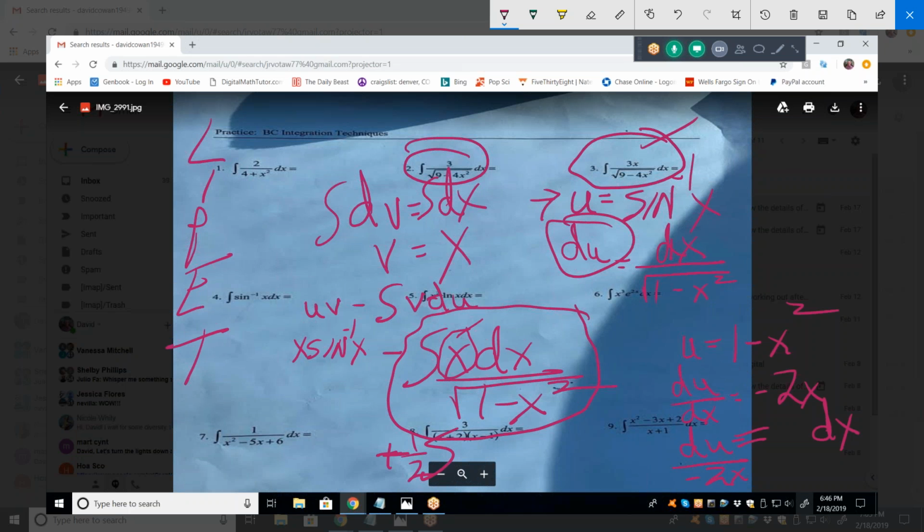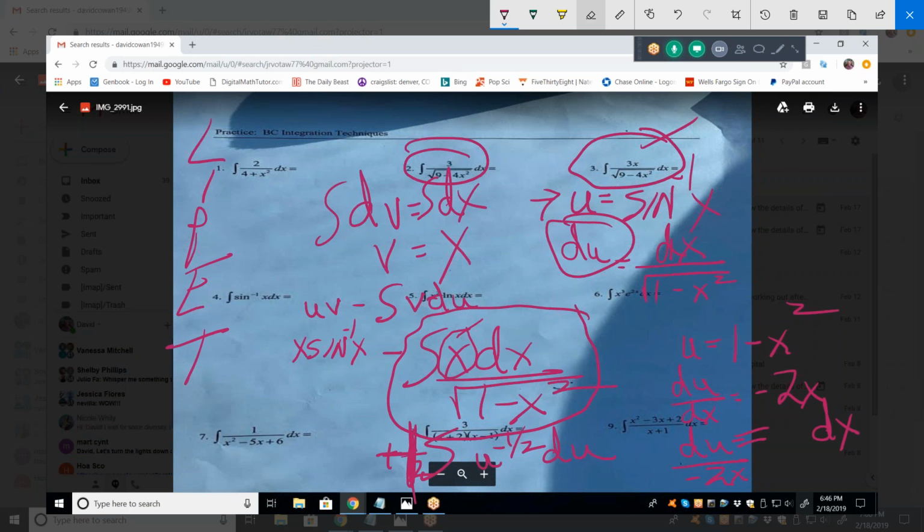So plus 1/2 integral of u to the negative 1/2 du. Now you can integrate that. That integrates into 2u to the positive 1/2, and that 2 cancels out with this 1/2.